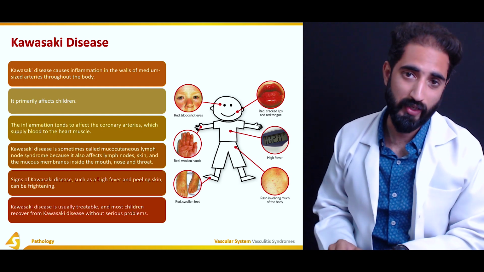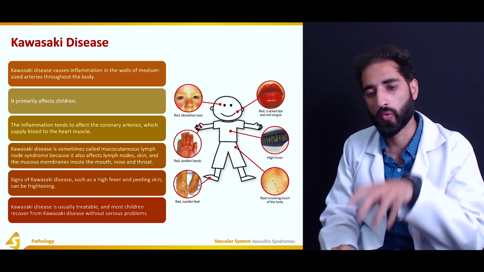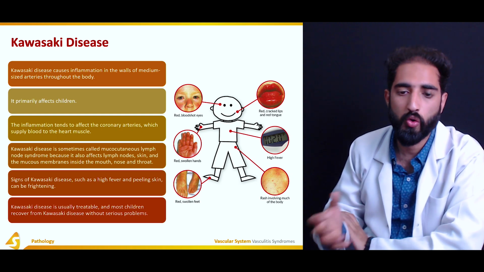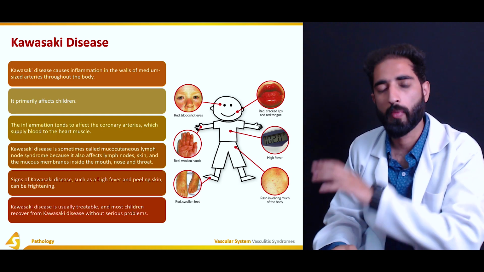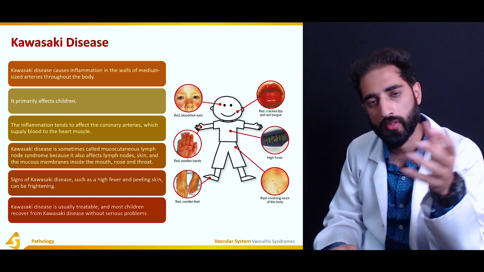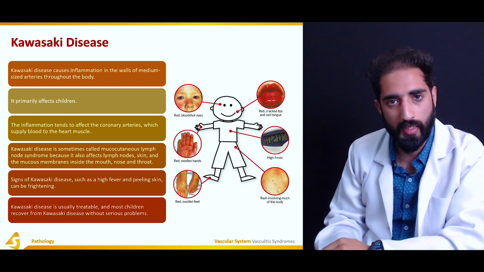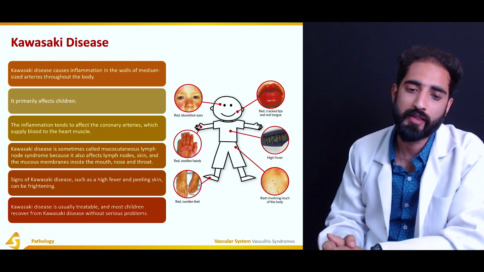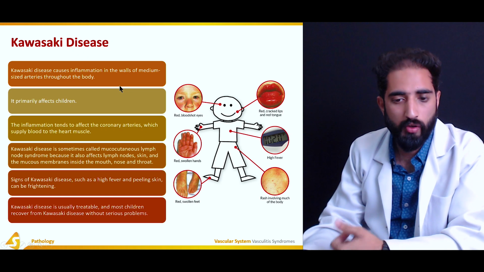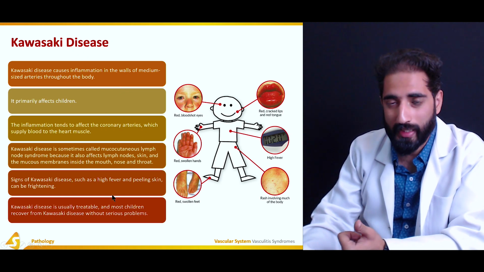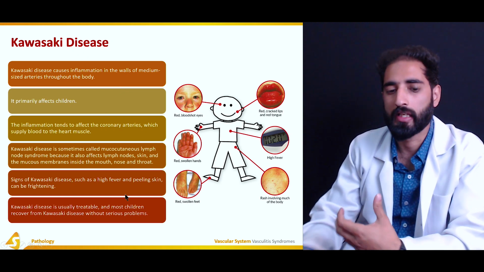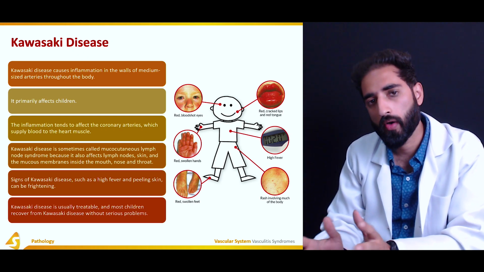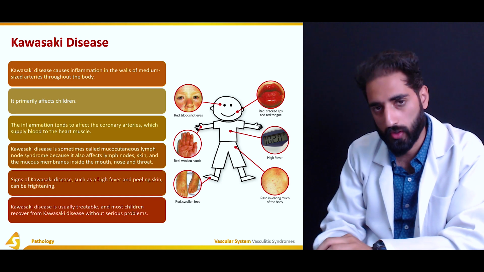So it is very, very important to address this condition, and it is sometimes also called mucocutaneous lymph node syndrome because it also affects lymph nodes, skin, and the mucous membrane inside the mouth, nose, and throat. The signs of Kawasaki disease include high fever and peeling skin, which can be frightening, but the good thing is that it is treatable and reversible, and most children recover from Kawasaki disease without serious problems.